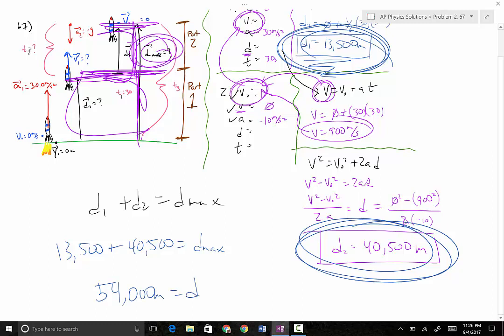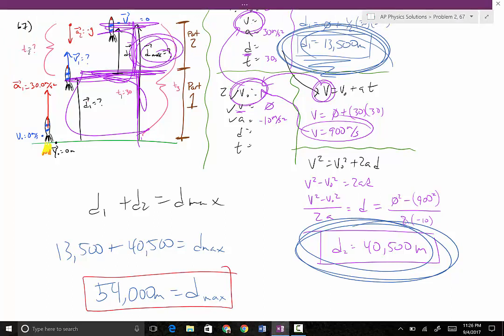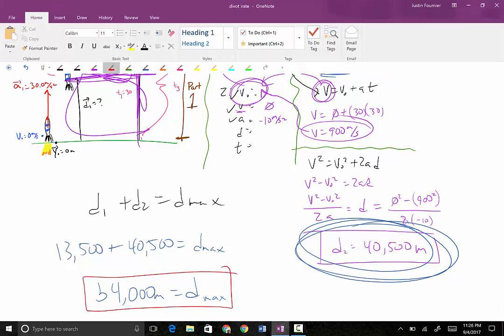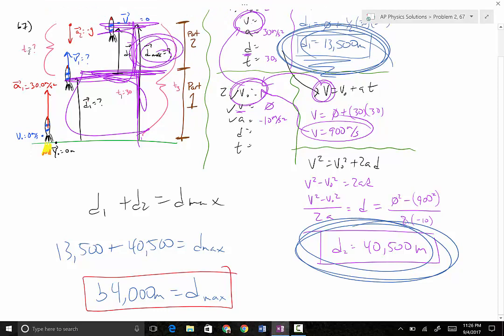You could say 54 kilometers, or if you use 9.8, you could have gotten something a little bit different, but regardless, it ends up being about the same, 54,000 meters, and that's the displacement there. Let me make that 5 a little bit different because that might be a little confusing. Here we go. 54,000 meters is what I think is the maximum height.